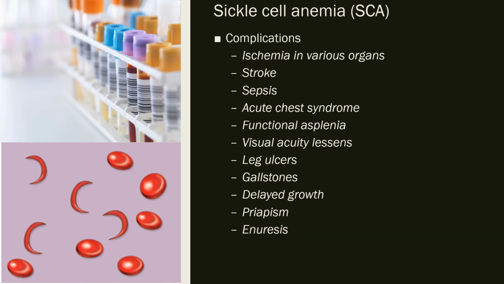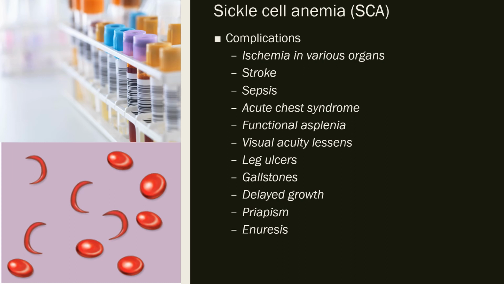This is a massive list of complications that a sickle cell anemia patient could suffer from. When you see stroke, I think you think most frequently of the adult population, but children have strokes, as young as 1, 2 years old, even younger than that.